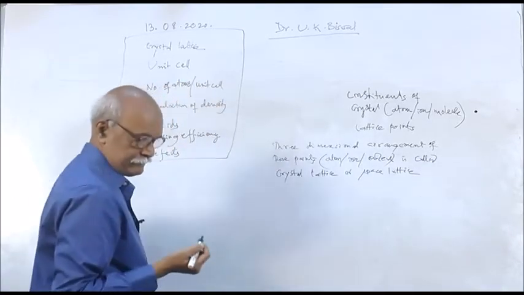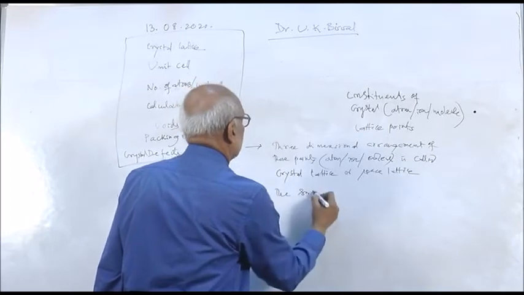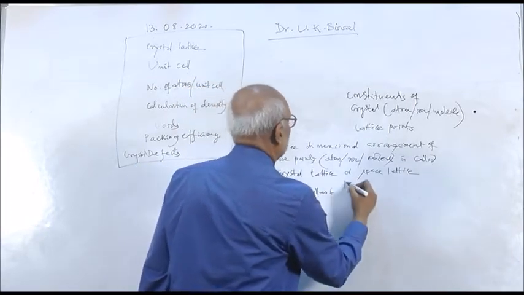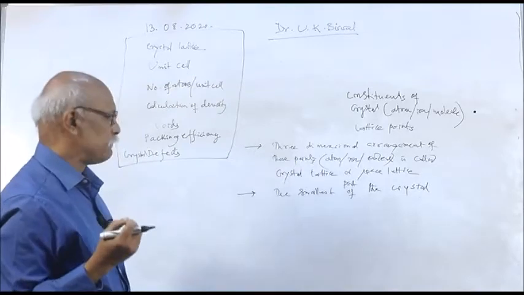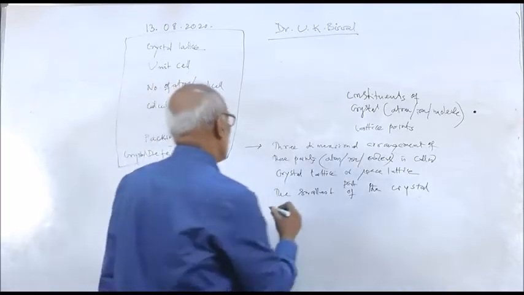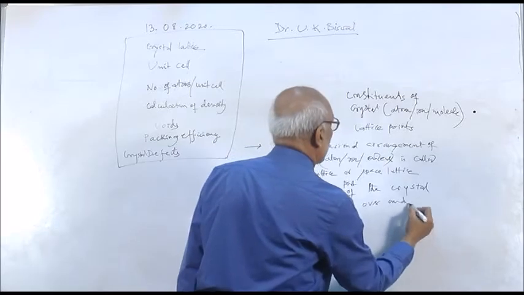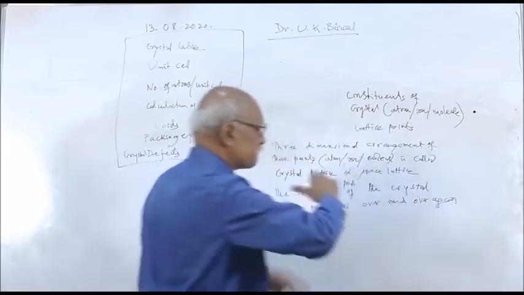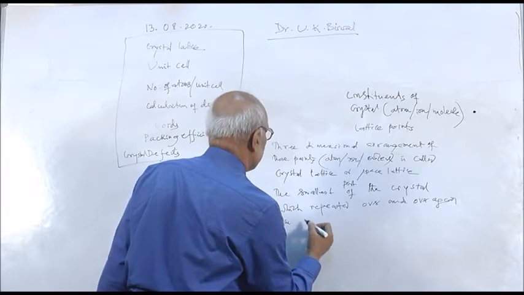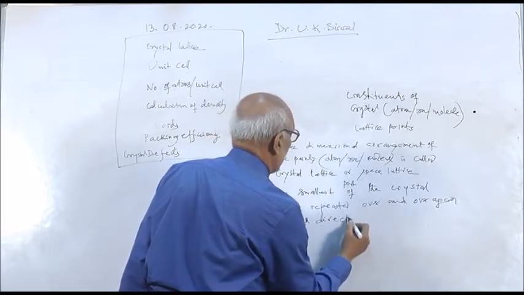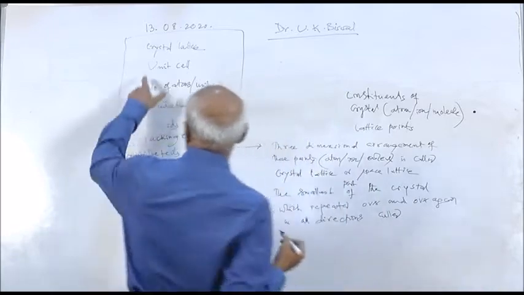And if you divide the crystal into the very small, very minute, smallest part of the crystal, which is repeated over and over again, one after another, in all three-dimensional directions, it is called the unit cell.